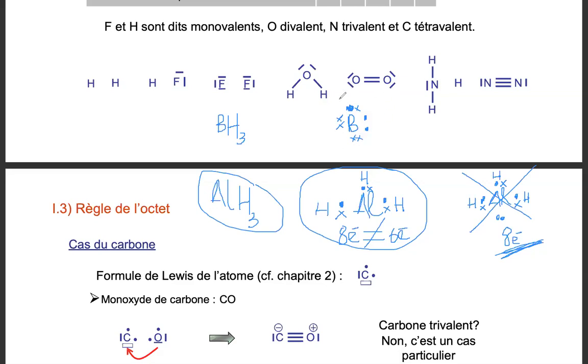So this bromine... not bromide. Boron, sorry. Boron. So this boron atom needs 5 more electrons for it to attain stability.